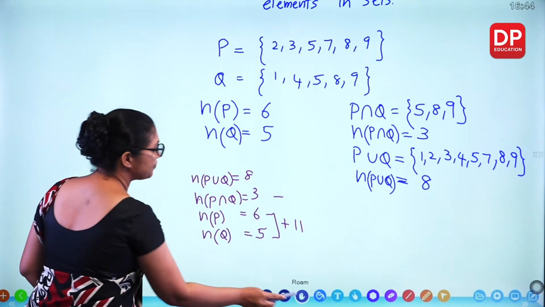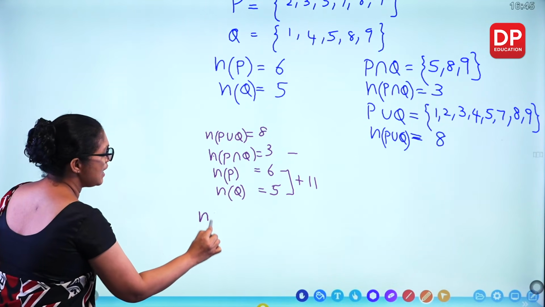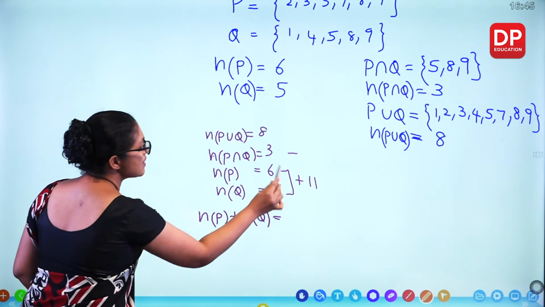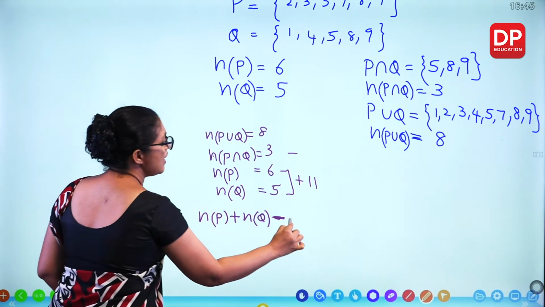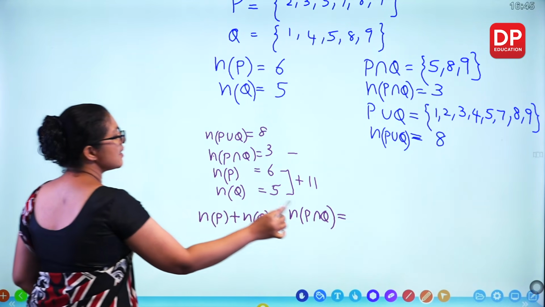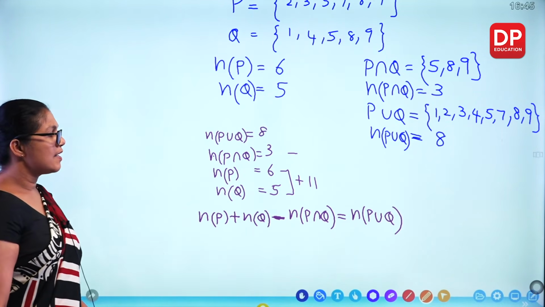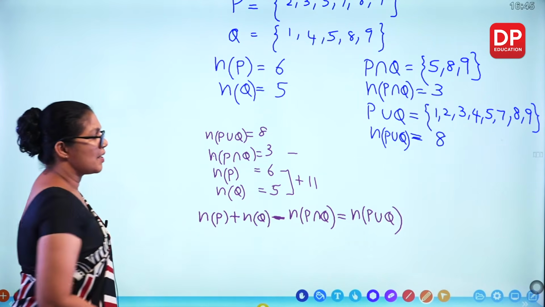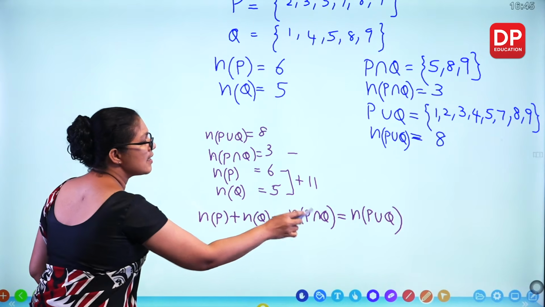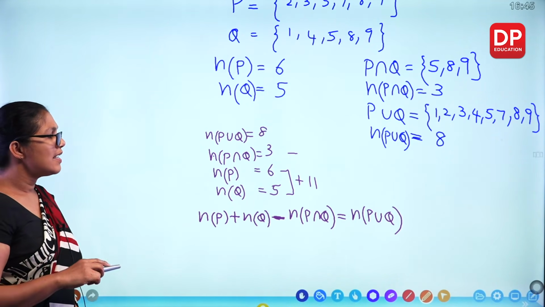You are getting n of P plus n of Q and subtract n of P intersection Q is same as n of P union Q. So the union is equal to this one. Or you can write the same thing by changing the intersection sign to union sign or union sign to intersection.